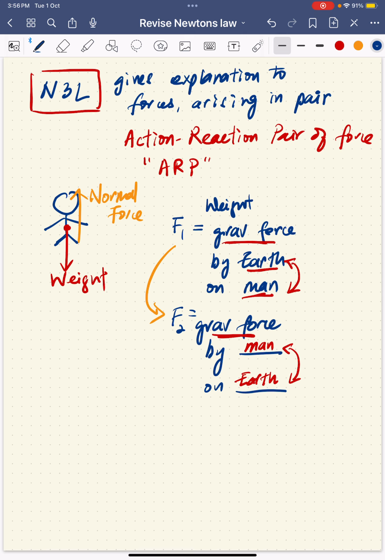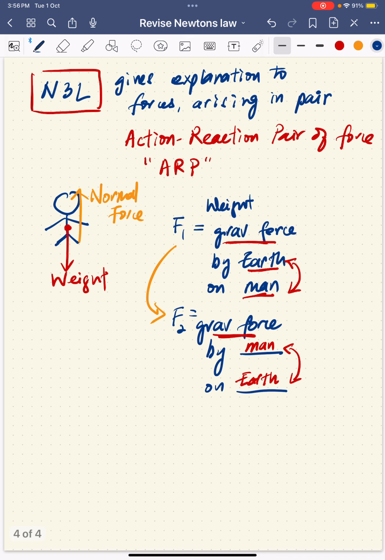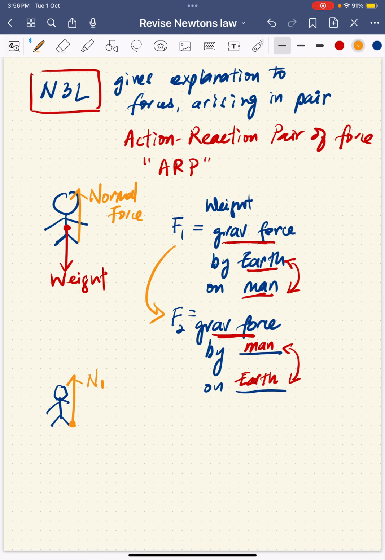Let's also take a look at the normal force and try to identify its action reaction pair. For the normal force acting on the man, let's call this N1. The force N1 is of this type of force: it is a contact force.